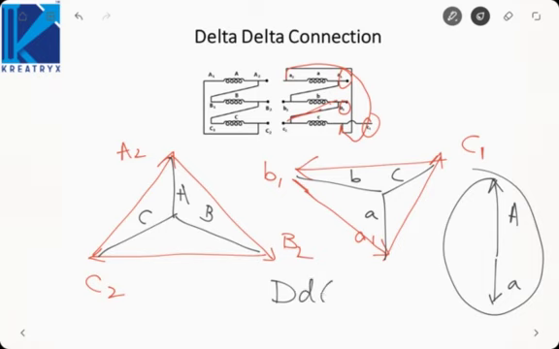So it will be DD6. And if we see A and small a are in opposite phase, that means we have a 180 degree phase shift. So delta delta transformer can provide two types of phase shift, that is 0 degree and the 180 degree phase shift. That is the property of a delta delta type of transformer.